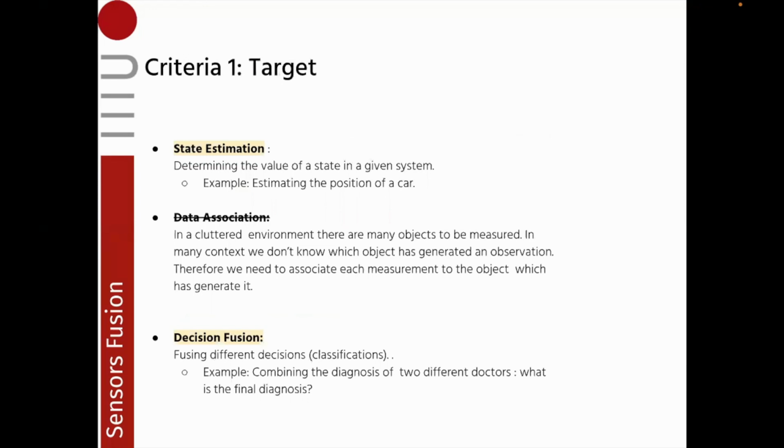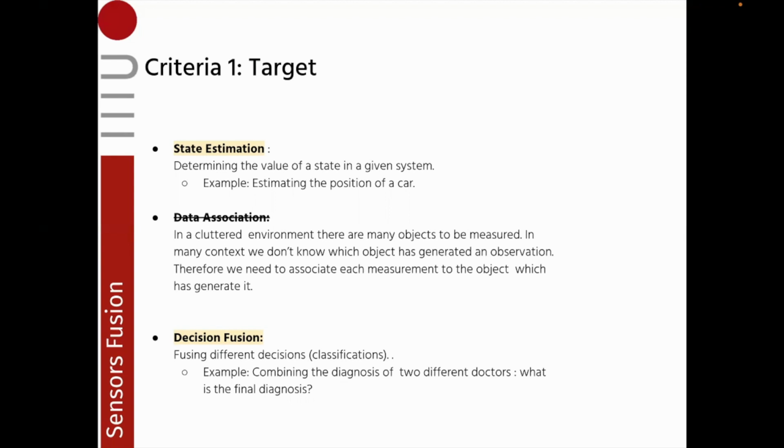So the targets. Based on the target, we can distinguish 3 different types of sensor fusion. The first one is state estimation, which, as the title suggests, is determining the value of a state in a given system, namely estimating the position of a car in a self-driving car example.